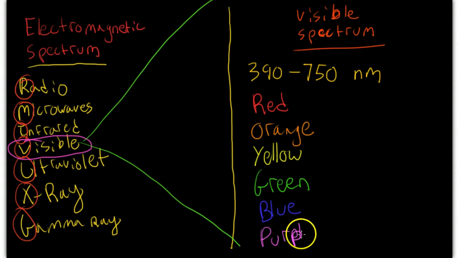Oops, a little bit of lag time there. Red, orange, yellow, green, blue, purple. Roy G. Biv, I guess. Some people like to add, instead of purple, indigo and violet. So whatever you want to do, purple kind of encompasses indigo and violet. I don't mind either way. But yes, that's how I do it.